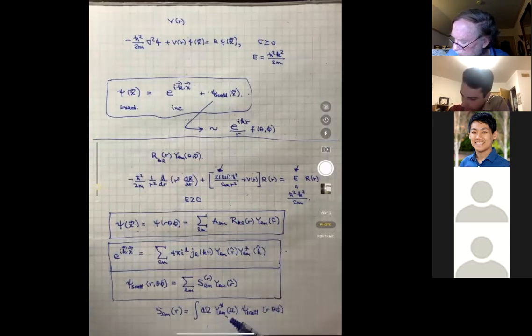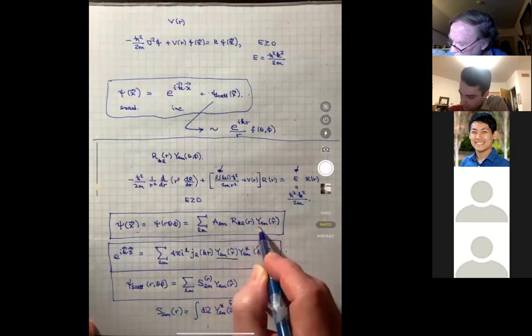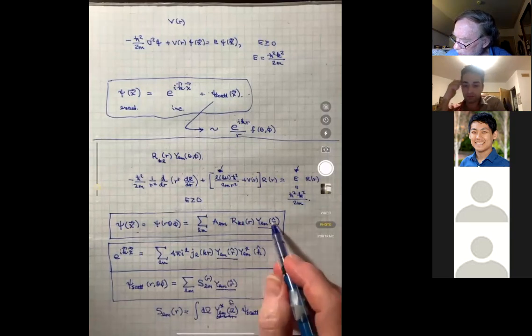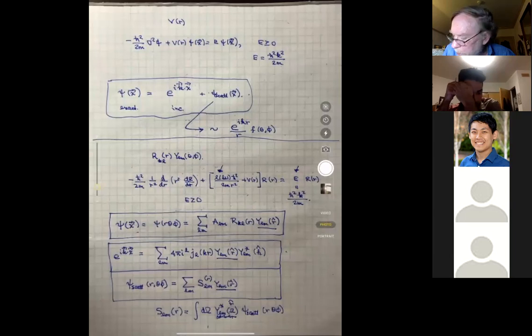I could have called this r hat also if I'd wanted to. I'll underline the three terms. There's one there, there's one there, and here's one there. We've expanded all three of these terms in terms of the Y_LMs. All right, so the first box is equal to the second box plus the third box.